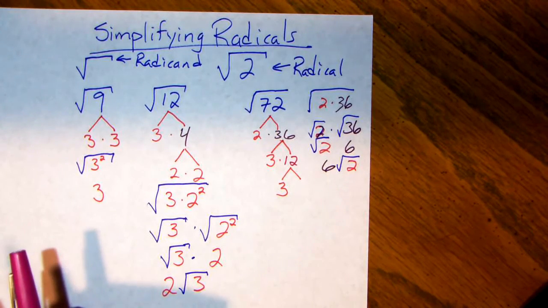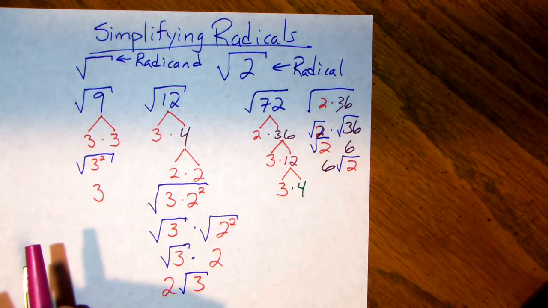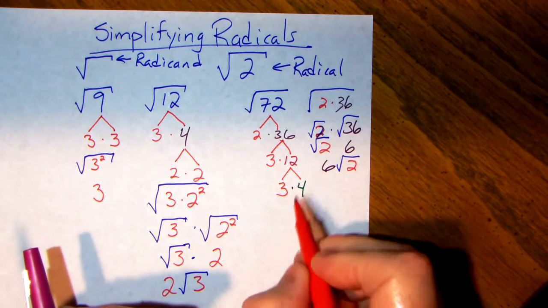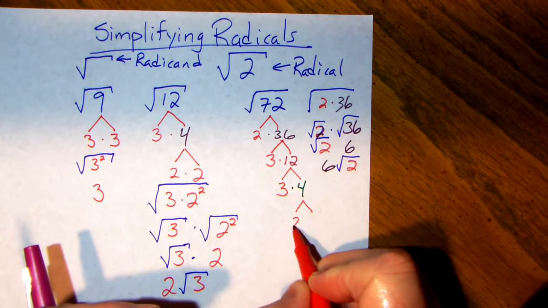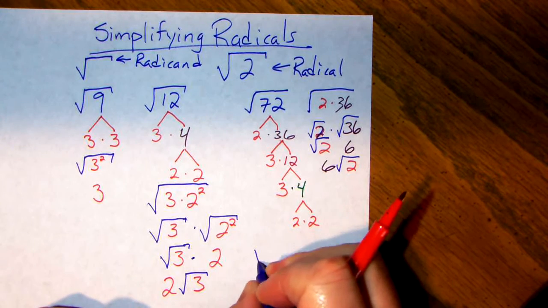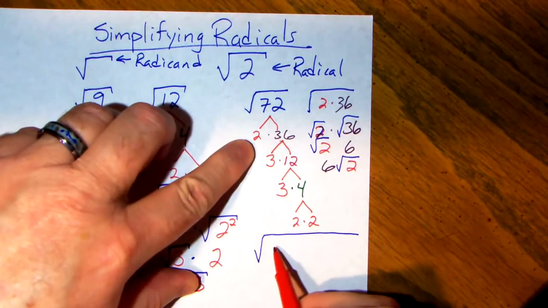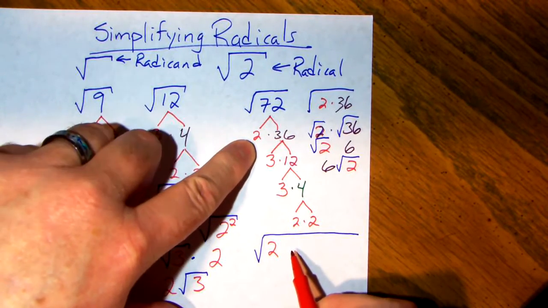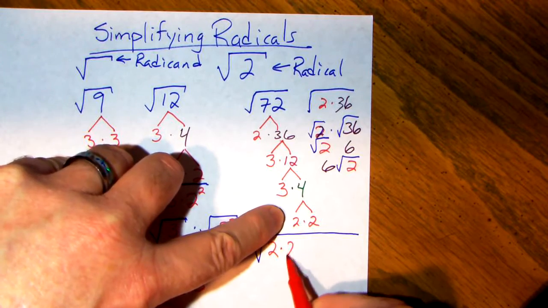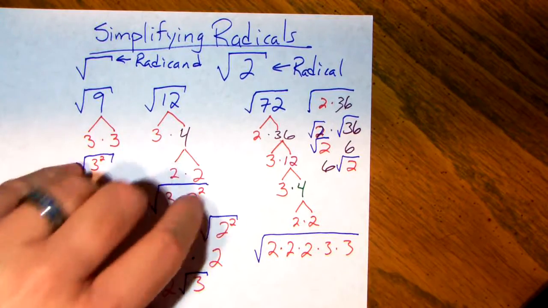Maybe we see that one as 3 times 4. Still not fully broken down. So 4 is 2 times 2. So we're going to go back through all of those prime numbers and rewrite this radical with all of those numbers. I'm going to write these in numeric order: 2 times 2 times 2 times 3 times 3.